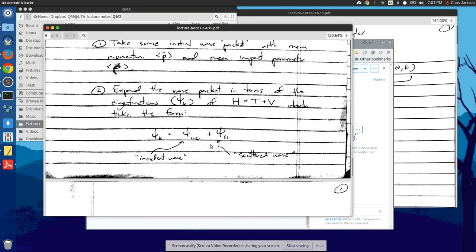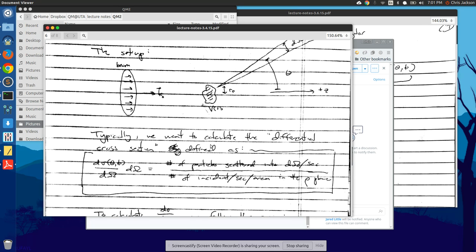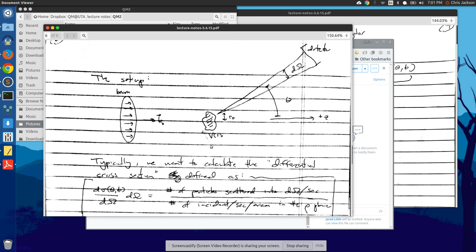Typically what we do is we start by writing down the complete wave function for this situation. Much like in the case of one-dimensional scattering, you have some incoming particles, which you represent by a wave, typically a plane wave.